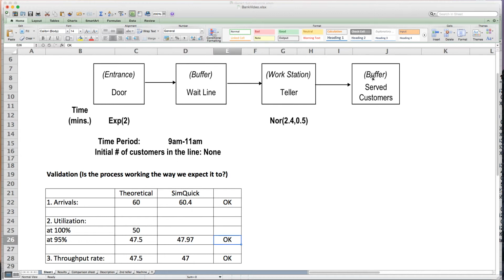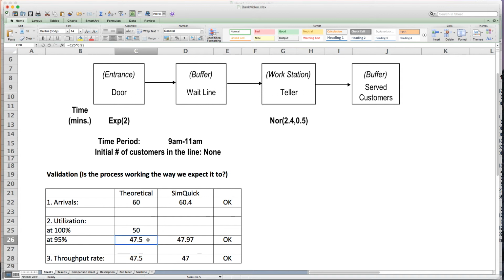And then the last part of the system that we check is the end of the process. Are the amount of customers getting through the process, or the throughput rate, equal to what we expected? So our expected throughput rate, in this instance we only have one employee, so the throughput rate for the system is equal to the throughput rate for that employee.